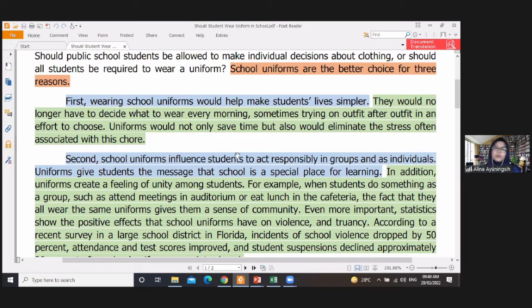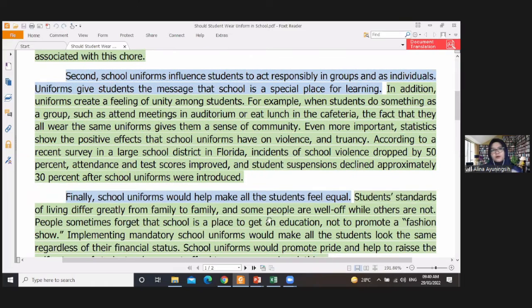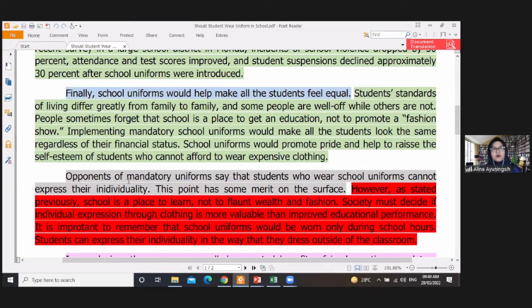Nah, untuk memperkuat 3 alasan ini, dia memasukkan si refutation by saying that, oh, okay, the opponent's opinion is okay, but then she or he puts the opponent's opinion down by saying however and the reason why the opponent's point is weak, like that.